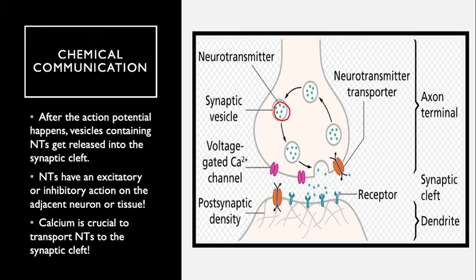Now, when you think about how the receptors and the neurotransmitters work, the receptors are very, very selective. So if this receptor right here is for acetylcholine, for example, then acetylcholine has to have a structure that will bind specifically to this receptor, right?